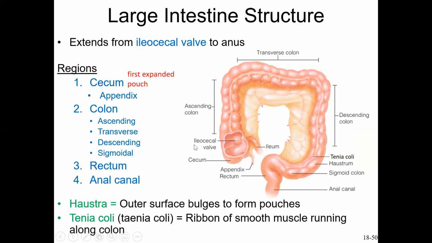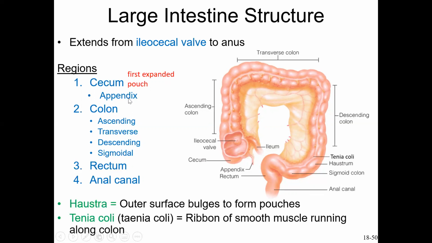And that name comes from the boundary between the ileum and the cecum. Now, the cecum is just this first expanded pouch of the large intestine. So there's your cecum right there. And then coming off of the cecum is a little finger-like projection that's called the appendix, or I think your lab sheet calls it the vermiform appendix. Okay, so this appendix is right there.